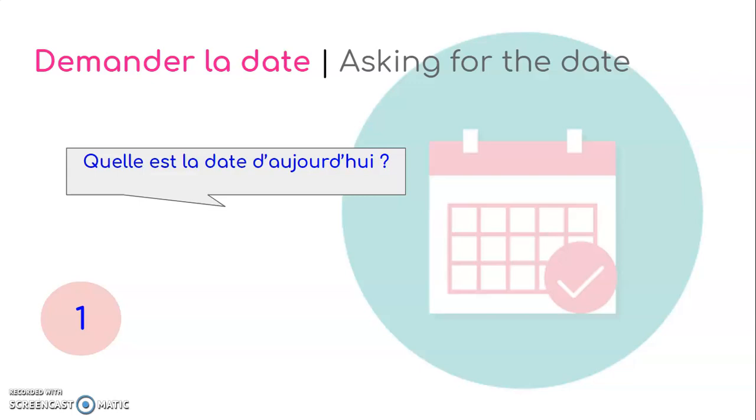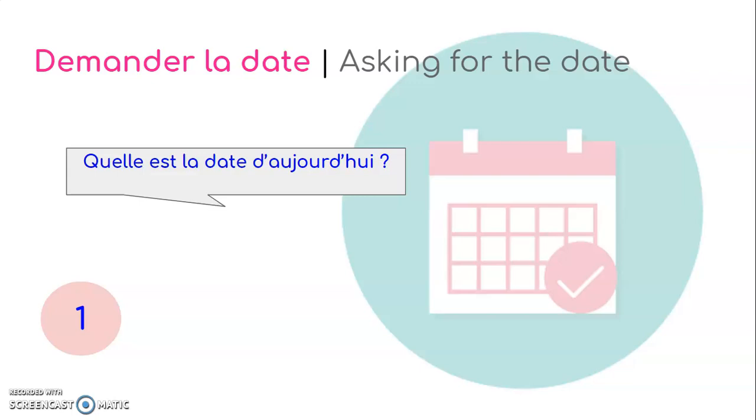Now let's break this down. Quelle means which. Et means is. La date means the date. De means of. And aujourd'hui means today. So if we were to break it down and translate it literally, it would be which is the date of today.